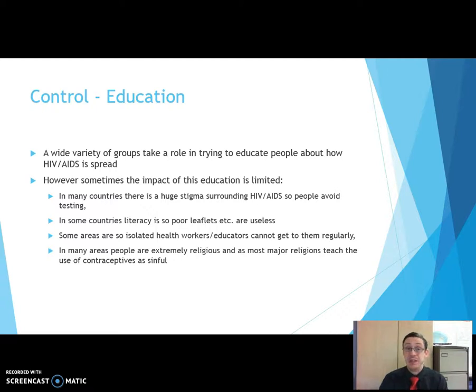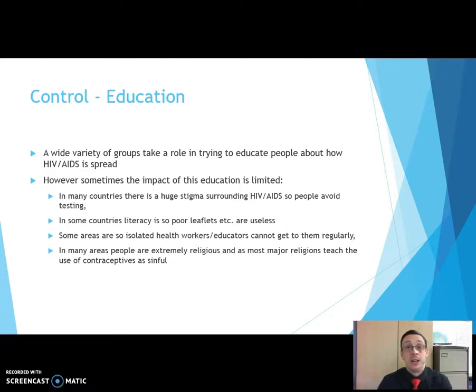However, the impact can be limited. In many countries, there's a huge stigma associated with having HIV/AIDS, so people actually just avoid getting tested. They avoid acknowledging that they even have the disease, and because of that, they then spread it further, and their willingness to invest in an education program is much minimised.